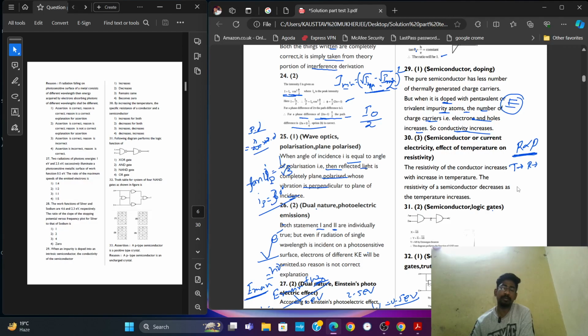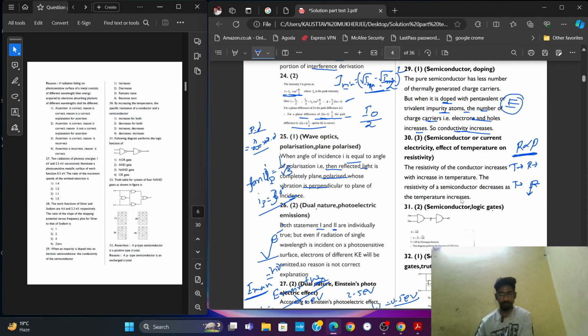But in the case of non-ohmic conductors like semiconductors, as the temperature increases, the resistance decreases. So option number 3: specific resistance of the conductor increases and for the semiconductor it decreases. This is explained by ohmic and non-ohmic conductors.